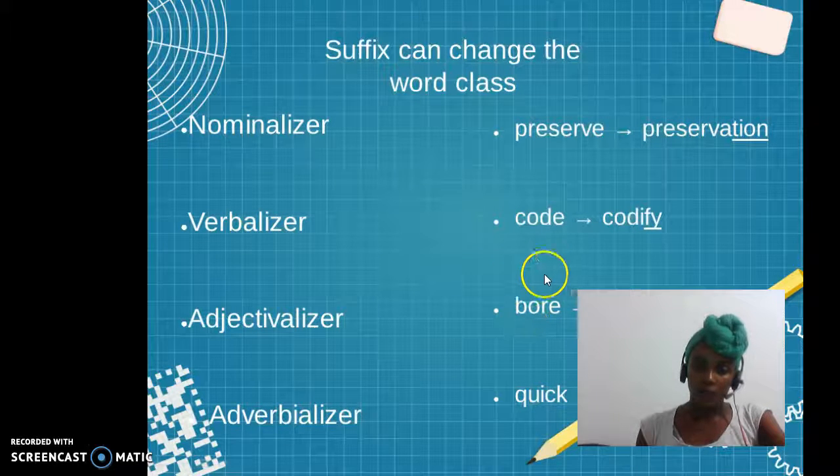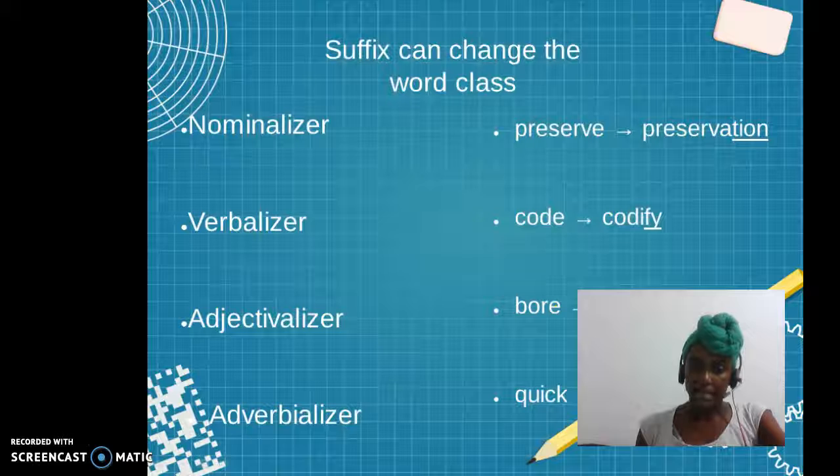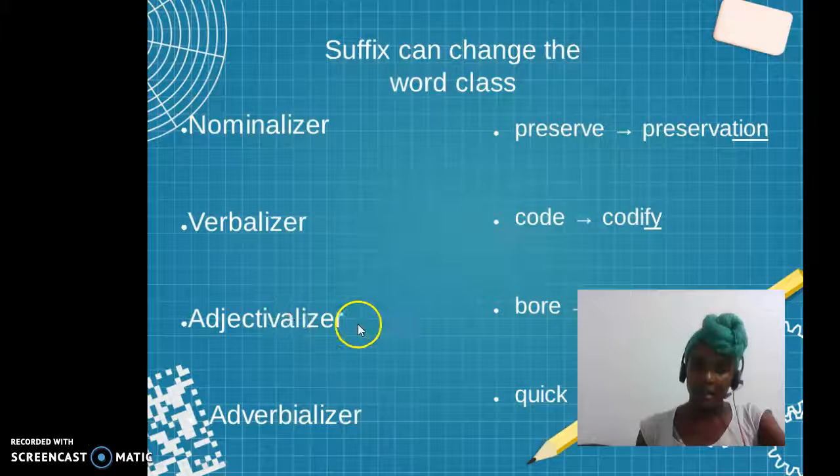When you have a verb and this verb becomes an adjective, this suffix is named an adjectivalizer.